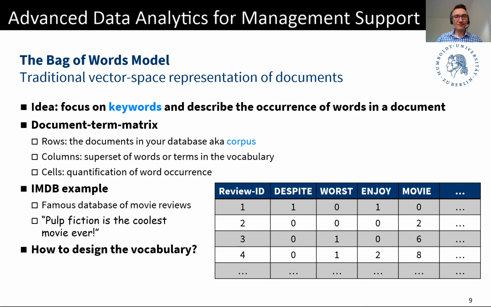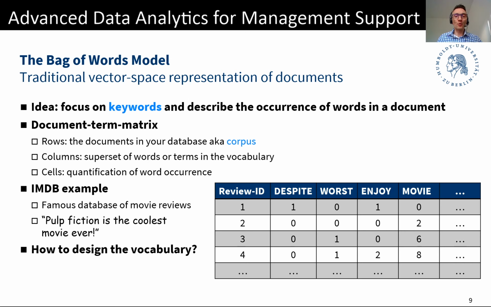And then we need features to represent the document. In this table that I'm showcasing here, the rows, as I just said, represent our documents in our database or the corpus. And the columns, the features, are just the superset of words that are used in our vocabulary. Superset means that if you imagine all the reviews ever written on movies in the IMDB, what is the set of words that are used in all these reviews?